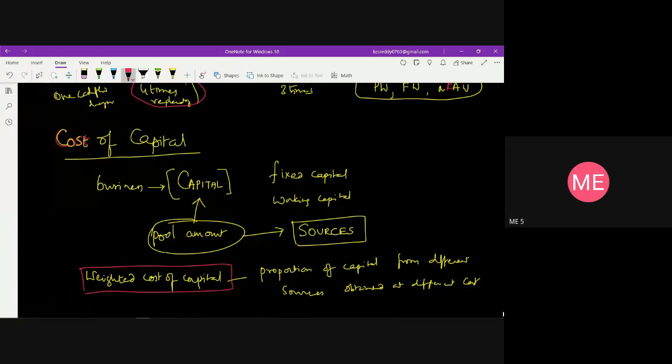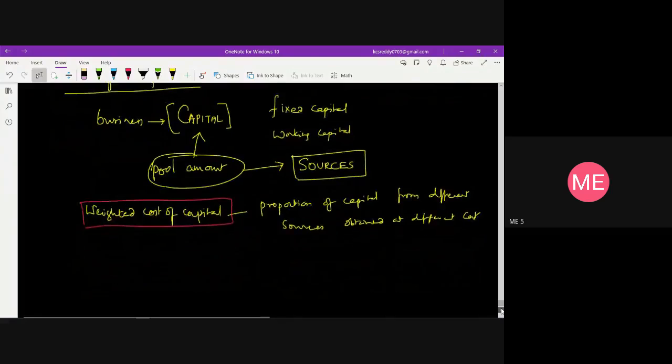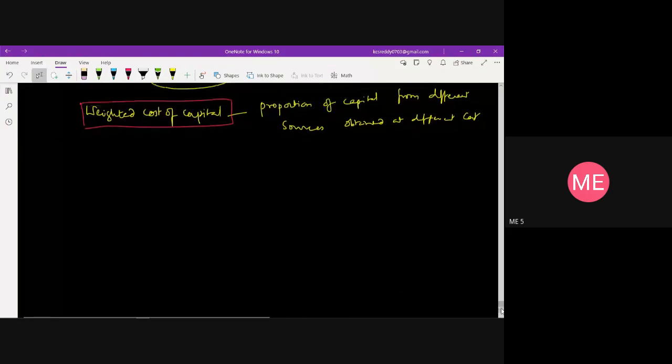Weighted cost of capital can be calculated by using an equation.